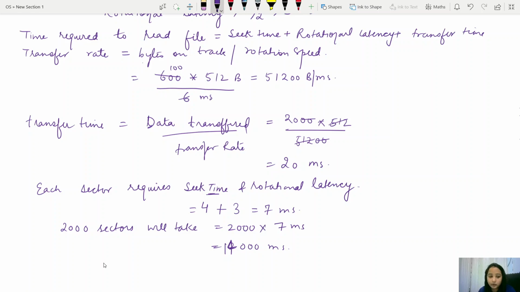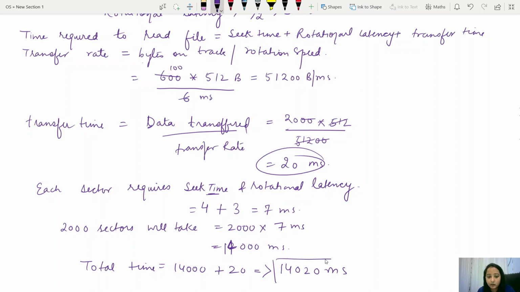So how much total time will it take? 14,000 plus this transfer time, that is 20. So it will come out to be 14020 milliseconds.